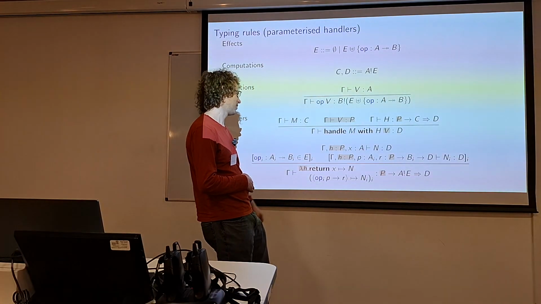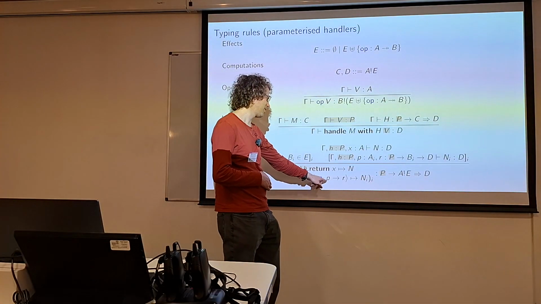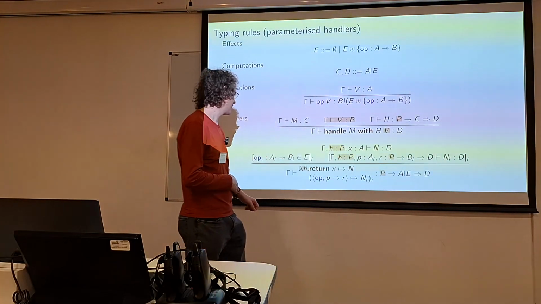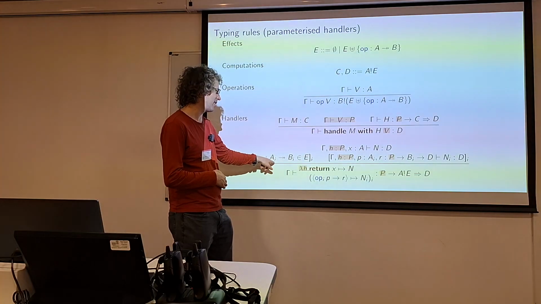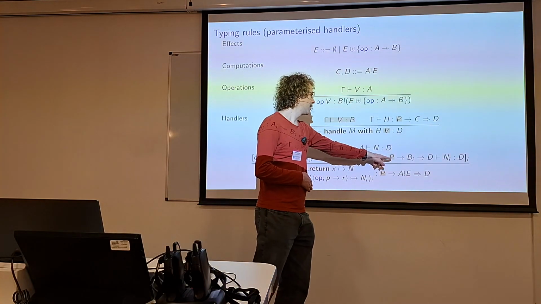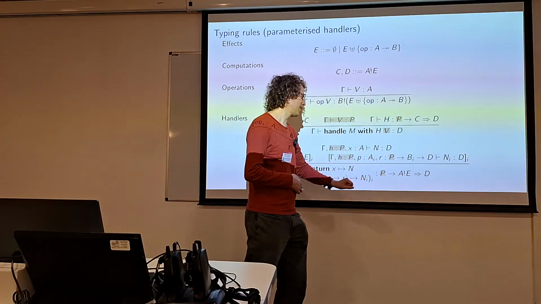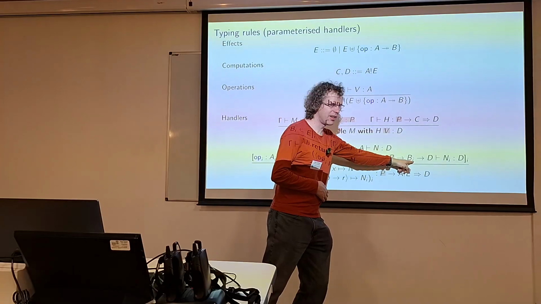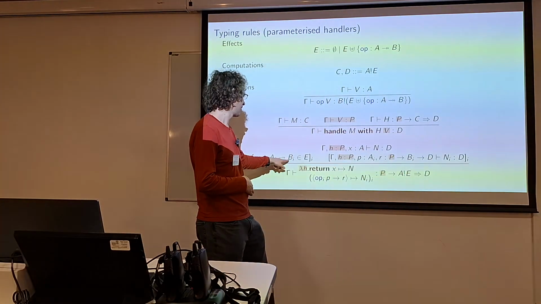Now, what else happens? For each operation clause, P has type AI, which is the input type for the operation. And the resumption is going to take the new parameter and the return value for the operation.